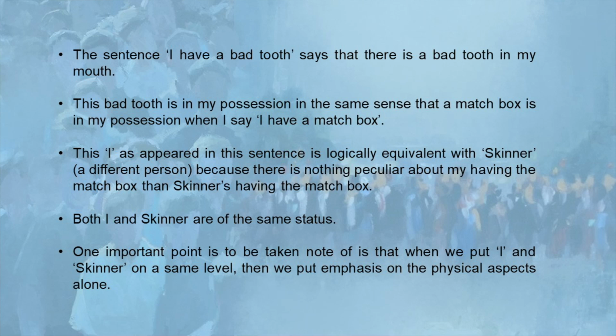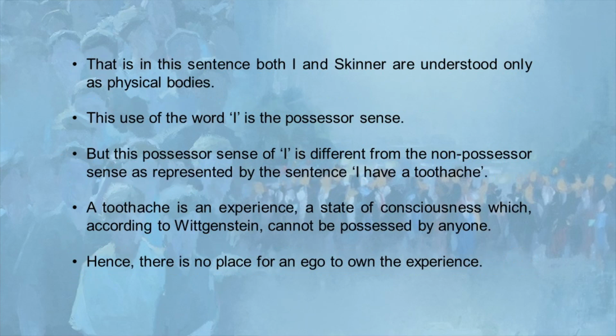One important point to be taken note of is that when we put I and Skinner on the same level, then we put emphasis on the physical aspects of that particular thing alone. That is, in the sentence, both I and Skinner are understood only as physical bodies.